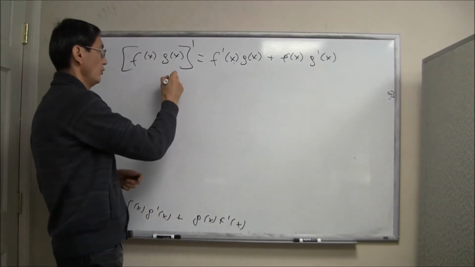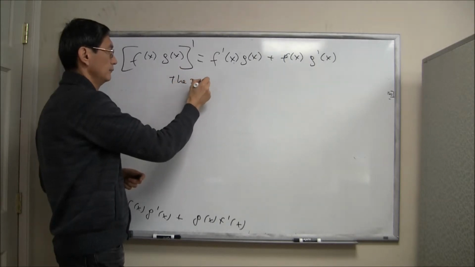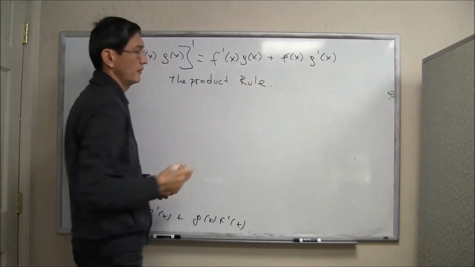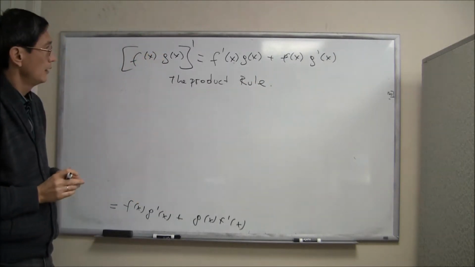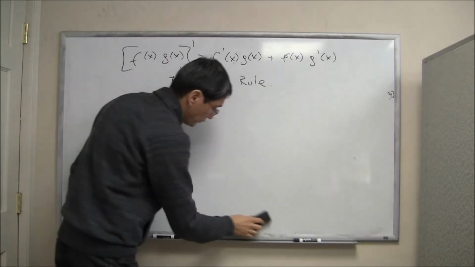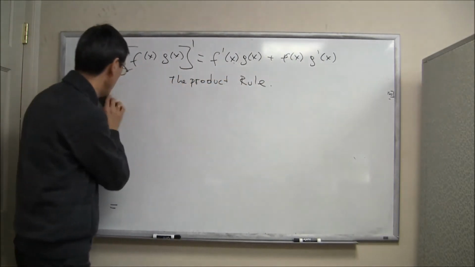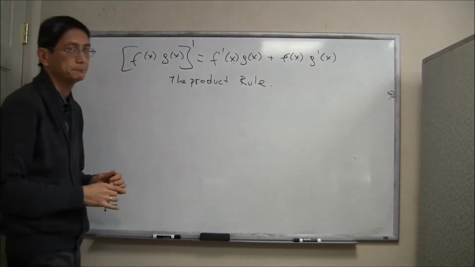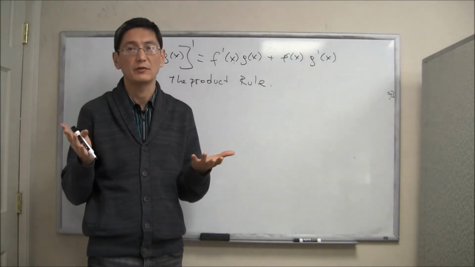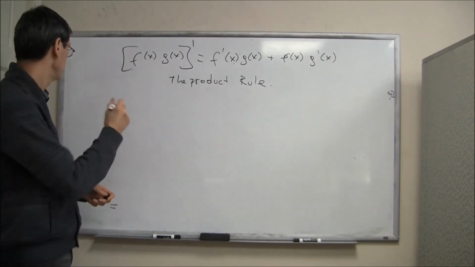That is called the product rule. So please remember it and use it when you need to find the derivative of a product of 2 functions. Let me illustrate a couple of examples on how to use the product rule.